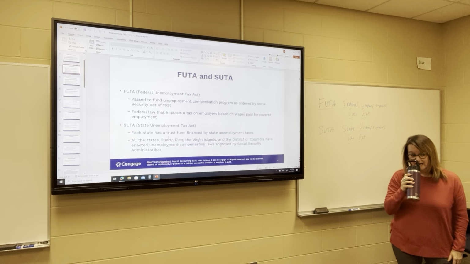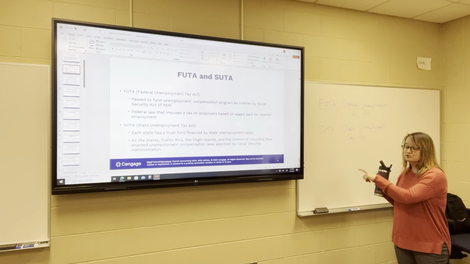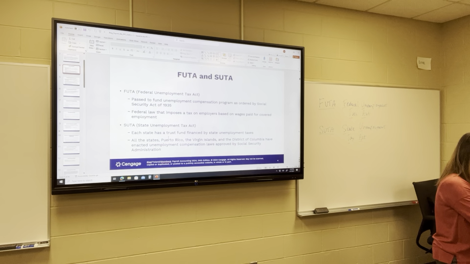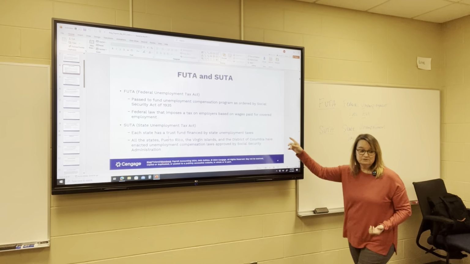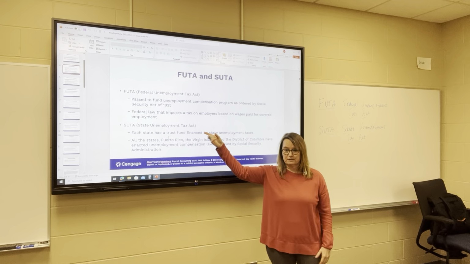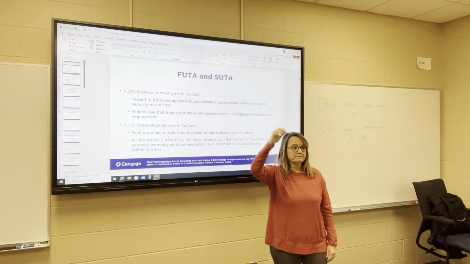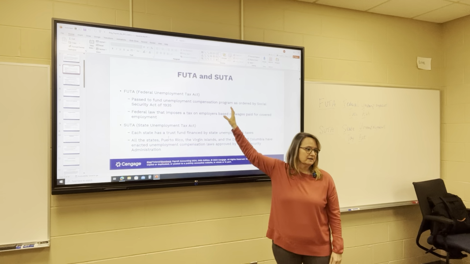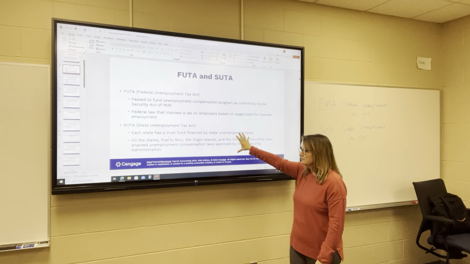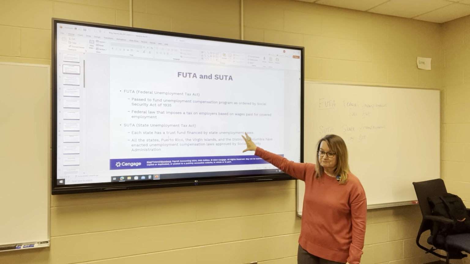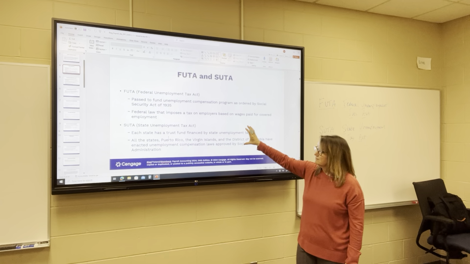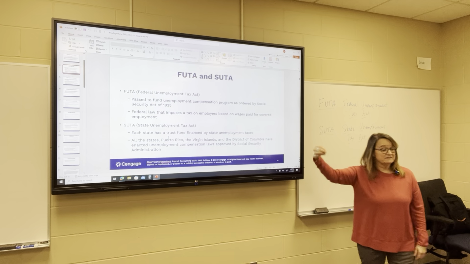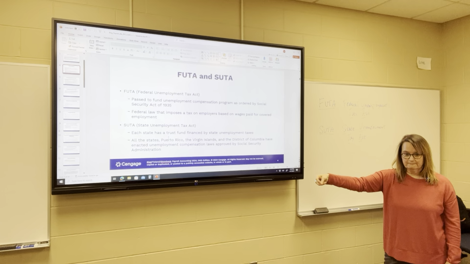It's a smaller tax that employers pay than SUTA tax is. It makes sense because all FUTA tax is doing is going to pay those federal salaries of people who administer the program. It's not going to any benefits. No benefits are being paid out of those FUTA taxes. But at SUTA taxes, that's where those benefits are being paid. So obviously, the SUTA taxes, that tax has to be higher because the expenses that it's paying are a lot higher, right?